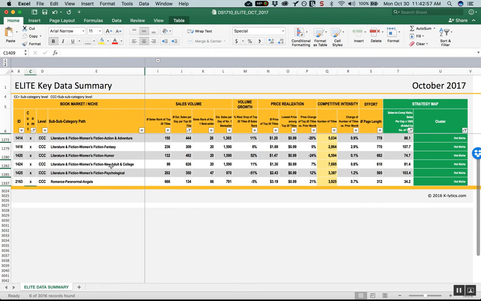I could even take into account that she needs to be young. She needs to be below the age of 25 to include the young adult, the new adult crowd. And because I have this now, I know before, like I said, going over to Amazon, what I can do.